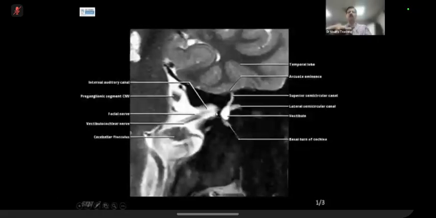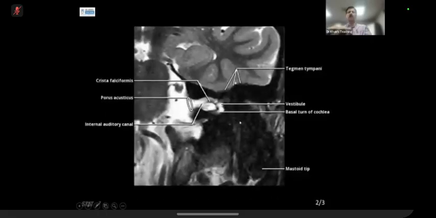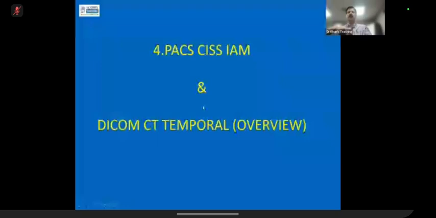You can see the nerves going here, the cochlear nerve and the vestibular nerve, as we already know. This is the coronal section where you can see the superior semicircular canal, the lateral semicircular canal, and the vestibule. This is the cochlea, and this is that sagittal sequence, which is an exam sequence, as I have told you.